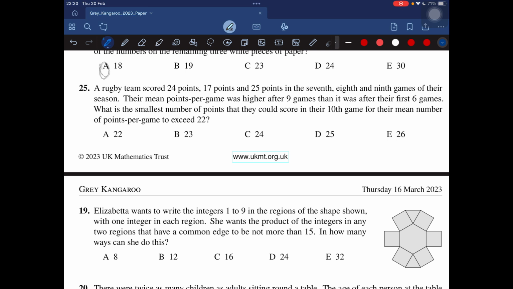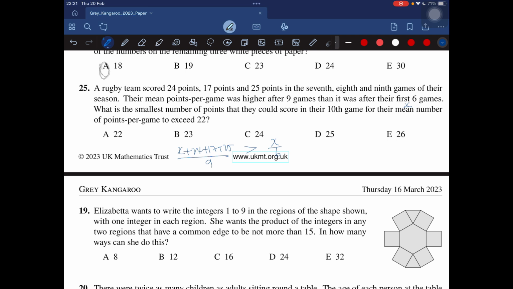So we don't know what was the total score of their first 6 games. Let's just call it X. Then X plus 24 plus 17 plus 25 over 9 is higher than first 6 games, X over 6. So what is the smallest number of points they could score?